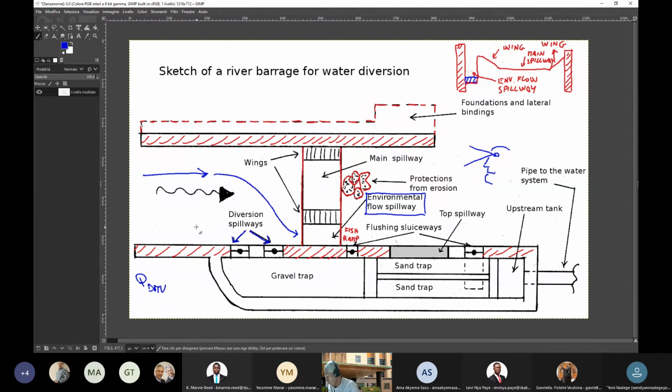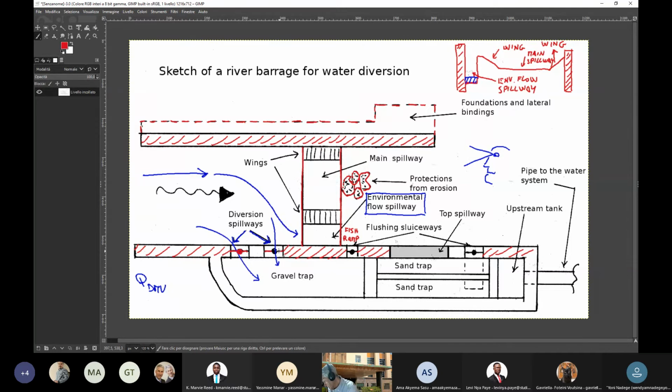So there is some water that goes through these spillways and goes into what is called here the gravel trap. Let's discuss it later. Now I want to discuss just these two spillways. And you see that there are gates to protect these spillways. And the gates are now here. I am drawing them in a red color.